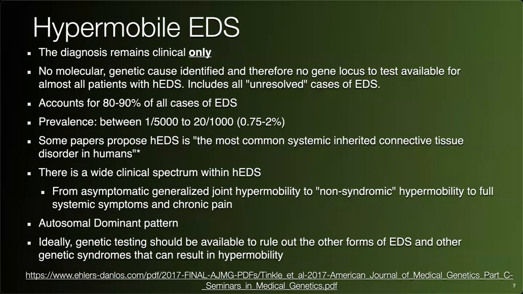Since we do not have a genetic locus for hypermobile EDS yet, unfortunately, and somebody is actually currently working on that, right now the diagnosis remains only a clinical diagnosis.